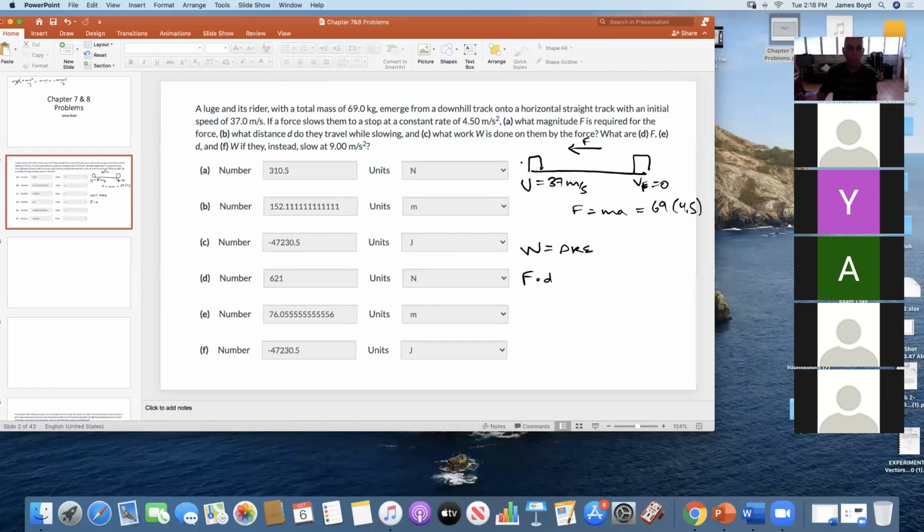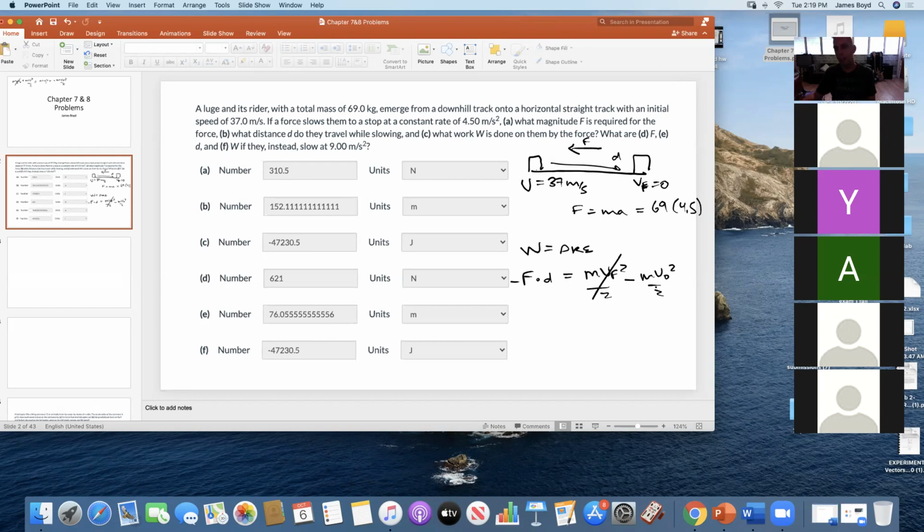Force is that way, our distance is that way, so this is going to be negative. And that's equal to the change in kinetic energy, which is mv final squared over 2, always final, minus mv initial squared over 2. But we know that v final is 0. So our signs totally work, but we need to know how far it stops.